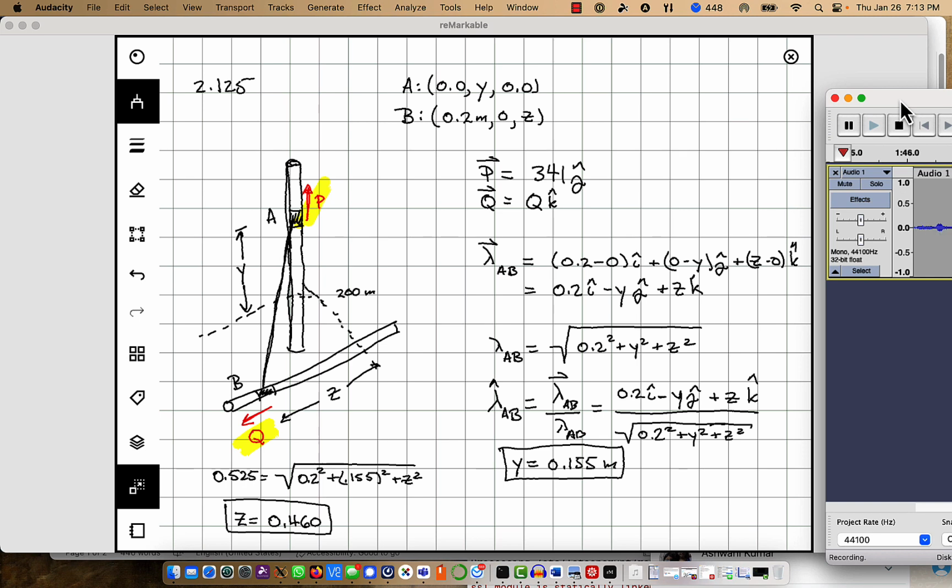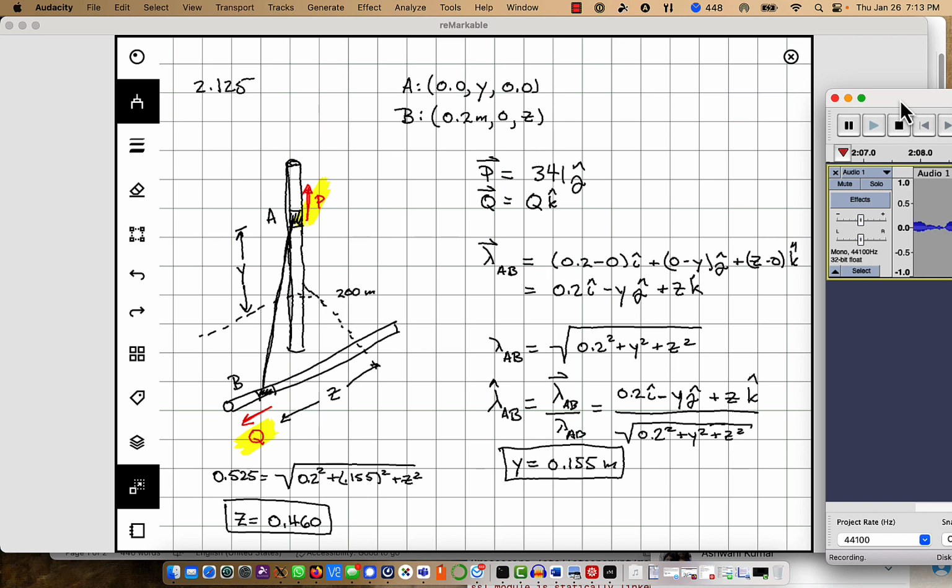We have to write out the position of A, and so A is 0, y, 0. That's right here. And B is down here at 0, 0, z.